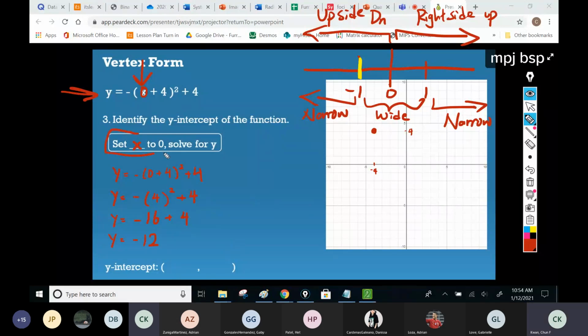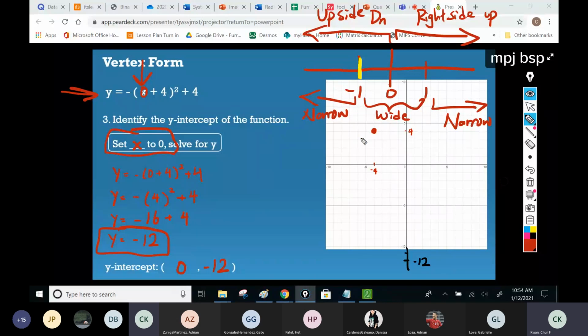So when I set x to 0, the y is negative 12. And that's your y-intercept. That's where the graph is going to cross the y-axis. So if I want to draw a really accurate graph, negative 11, and then negative 12 right here.